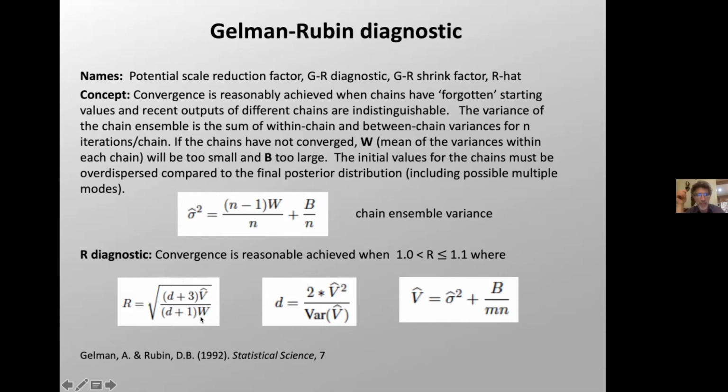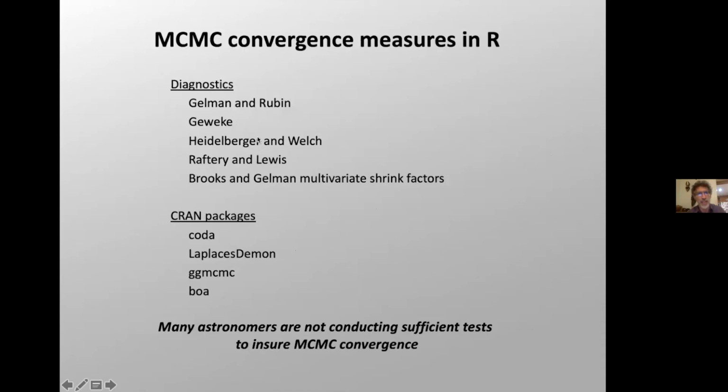There's this W, and that V is defined over here. And that D is defined over here, and this defines the R. So these three equations define a criterion, and you let these things iterate, and every once in a while you stop and calculate R. And if R gets close to 1.0, then you maybe have converged. And that's the famous Gelman-Rubin diagnostic.